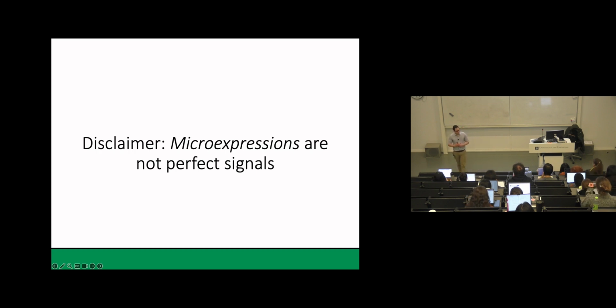But it's really not the case that small, subtle facial expressions reveal underlying information in a perfect way. So what you've heard about microexpressions, it's important to know that they do sometimes reveal information. They're hard to restrain yourself from doing because they're so fast. They're often reflexive, but they're not infallible signals.